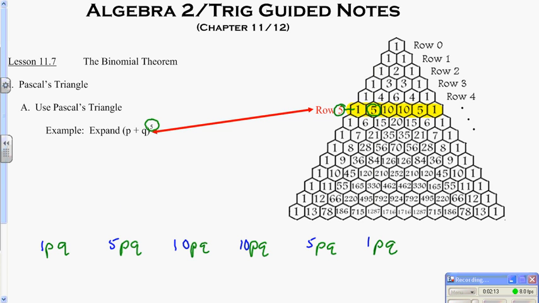And then you have the powers, and the first term, p, starts with the highest power, which is the row number, 5, and it decreases by 1. And the q goes the opposite direction, starts at 0, and increases by 1.